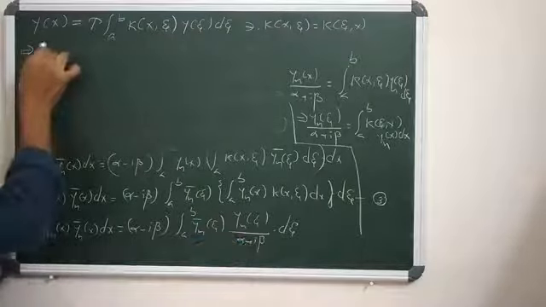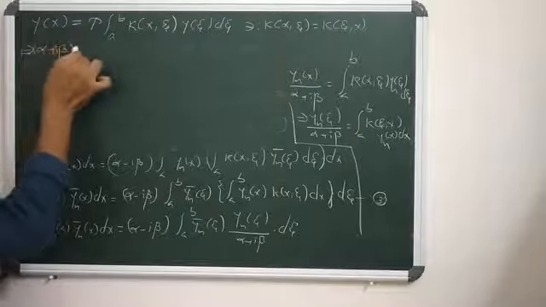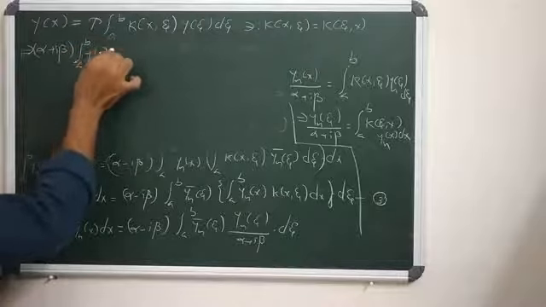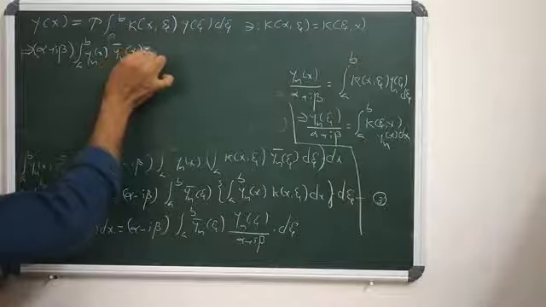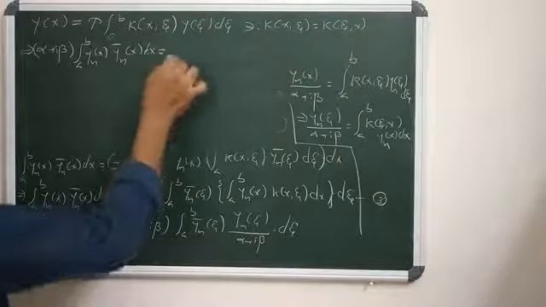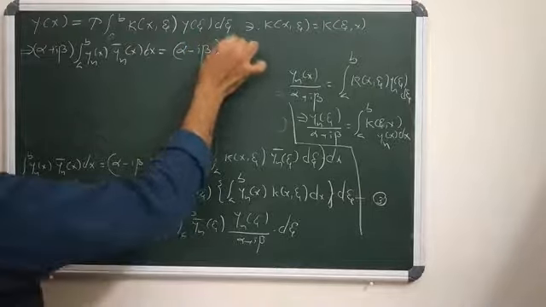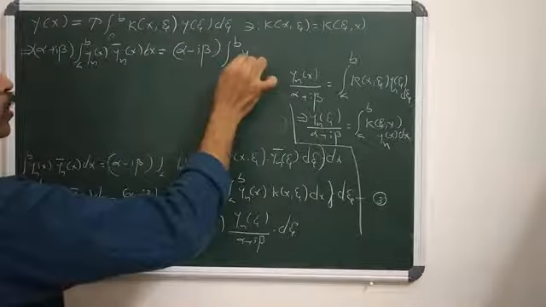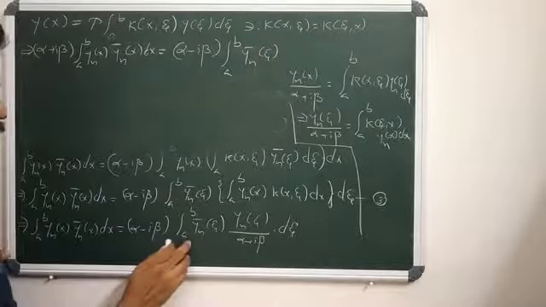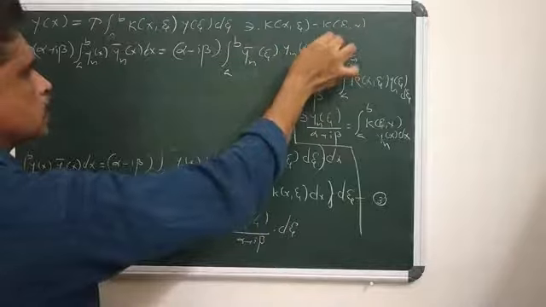Therefore, this implies, on cross multiplication, (alpha plus i beta) into the integral from a to b of yn(x) yn bar(x) dx equals, coming to the right side, (alpha minus i beta) into the integral from a to b of yn bar(theta) yn(theta) d theta.